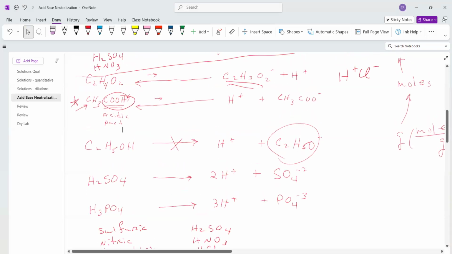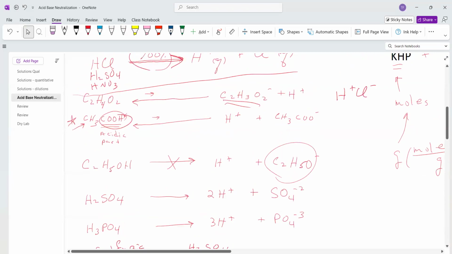All right, and then of course there are weak acids. The majority of acids in the world are weak acids, probably 2 or 3 million of them. Most of them are organic acids again. There are more organic compounds in the world than non-organic.